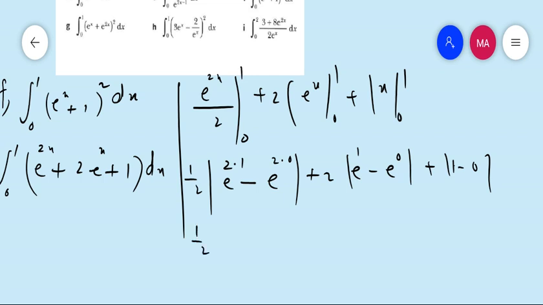One upon 2, e^2 minus e^(2 into 0) is 1, e^0 is 1, plus 2 e^1 is e, and e^0 is 1, and plus 1 minus 0 is 1.